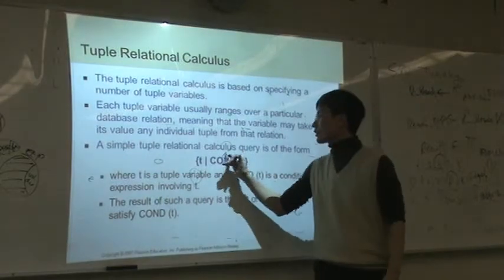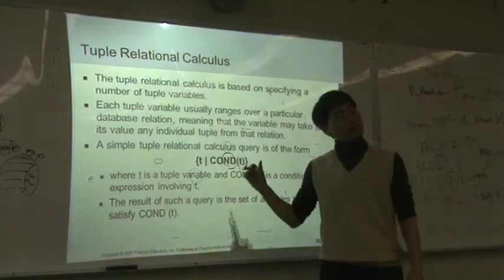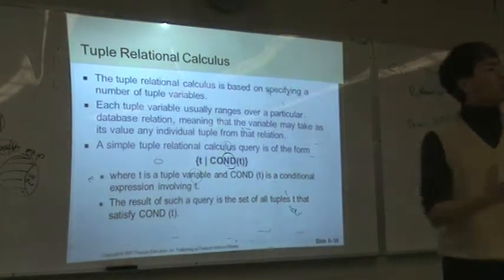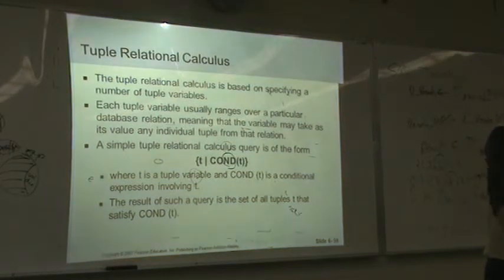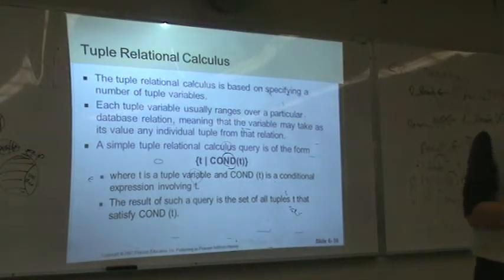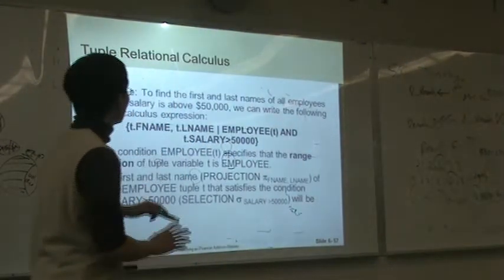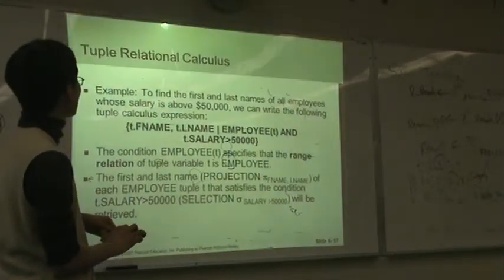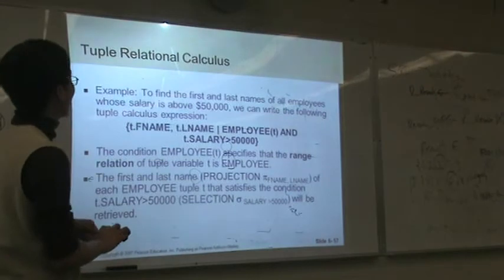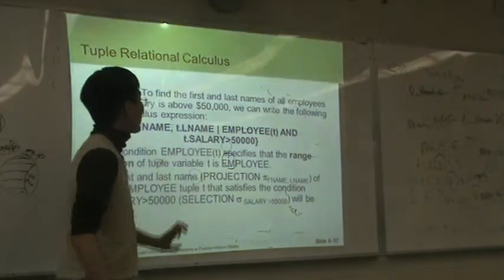If we use such a notation, the condition directly shows the output of the data. Okay? For example, to find the first and last names of all employees whose salary is above 50,000, we can write the code using calculus.